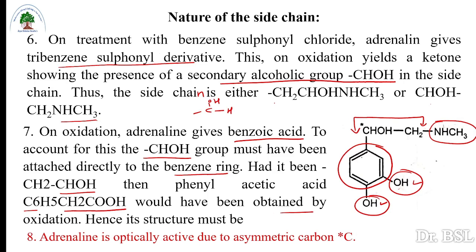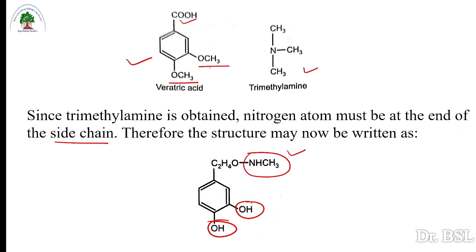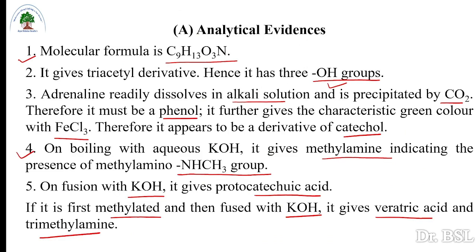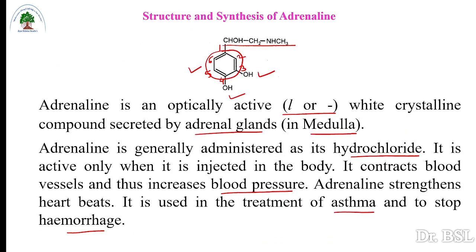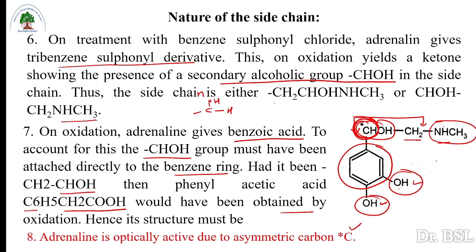Hence, its structure must be CHOH CH2 NHCH3. Adrenaline is optically active due to an asymmetric carbon, this C star. So, the structure of adrenaline is this one.